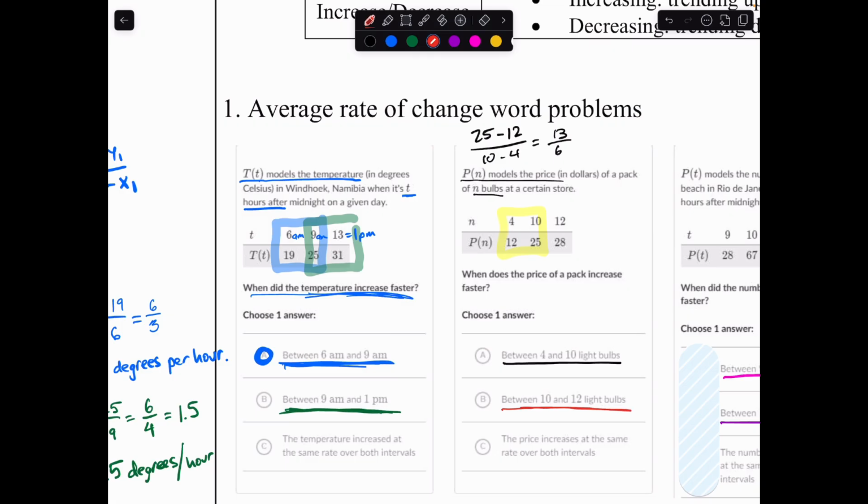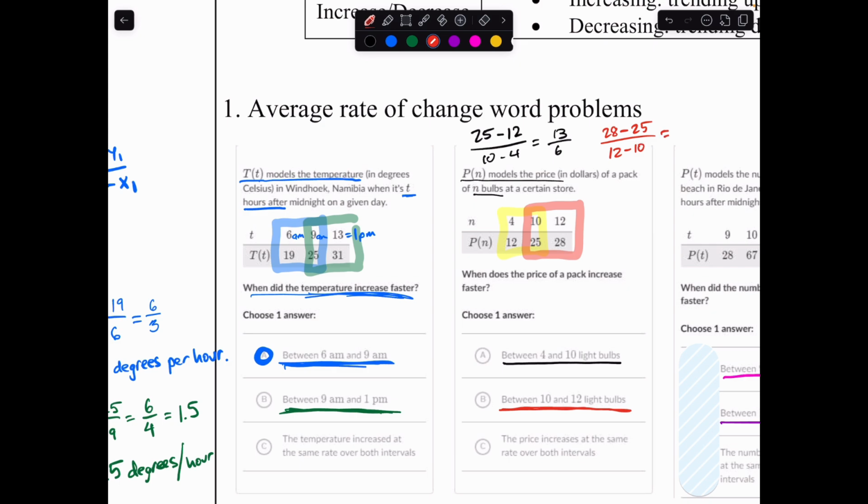Our other interval that we need to test is between 10 and 12 light bulbs. So that's these points here. And we can use those points to find another average rate of change. We would have $28 minus $25 in the numerator over 12 bulbs minus 10 bulbs.